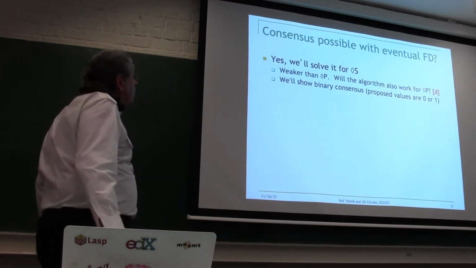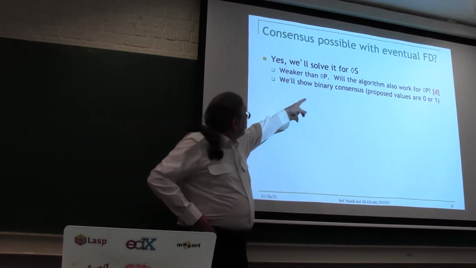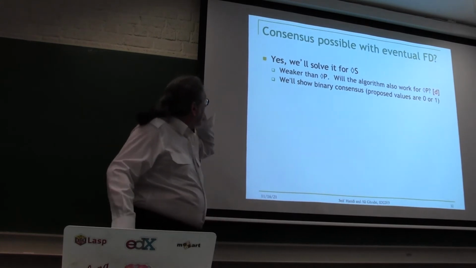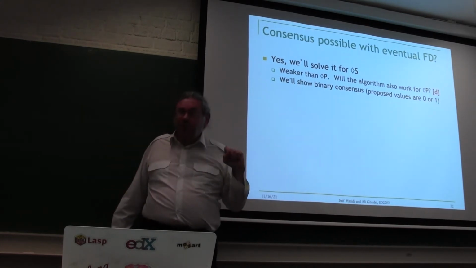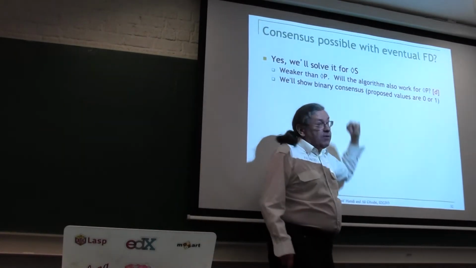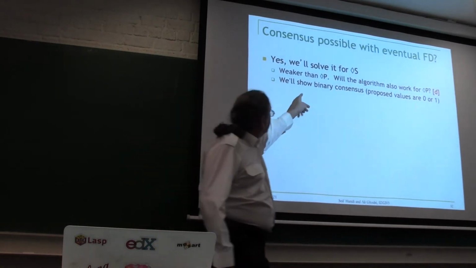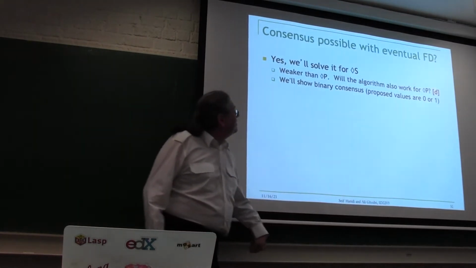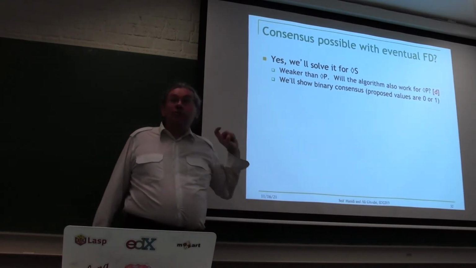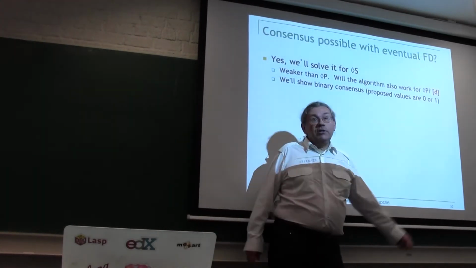We will show it's possible. We'll show it's possible for eventually S. Of course, also the number of failures would be less than n over 2. I'm going to show you an algorithm that works for eventually S. So this is weaker than eventually P. So the algorithm that I show you on eventually S, will it also work for eventually P?